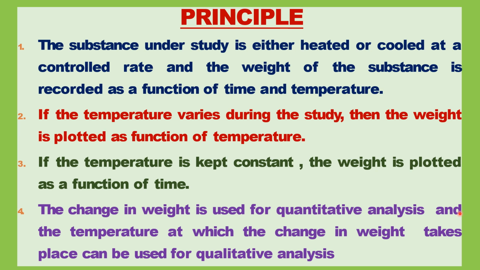Once you heat above that, there will be mass loss due to thermochemical reactions, because of decomposition of the compound. Therefore, the change in weight is used for quantitative analysis and also for qualitative analysis.